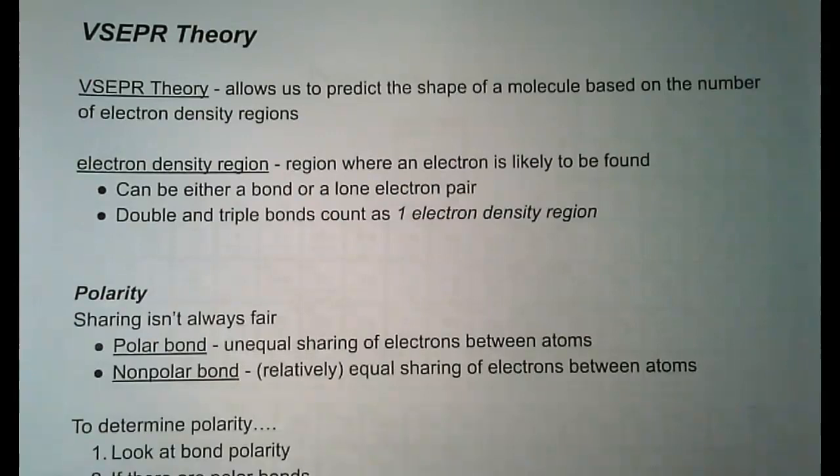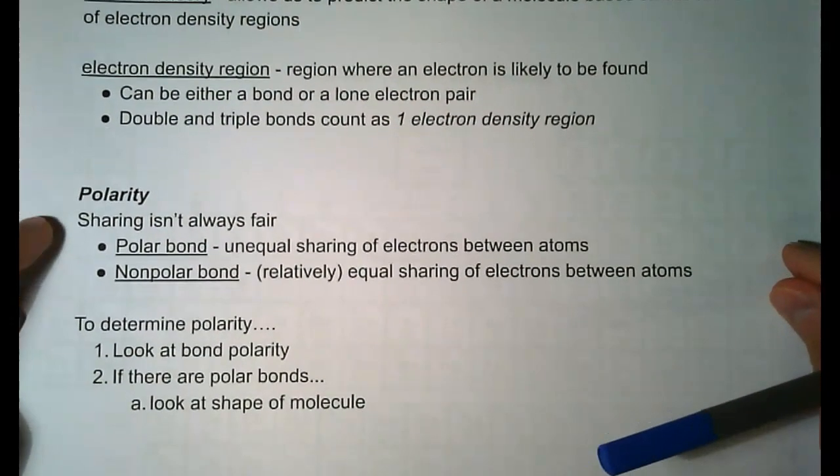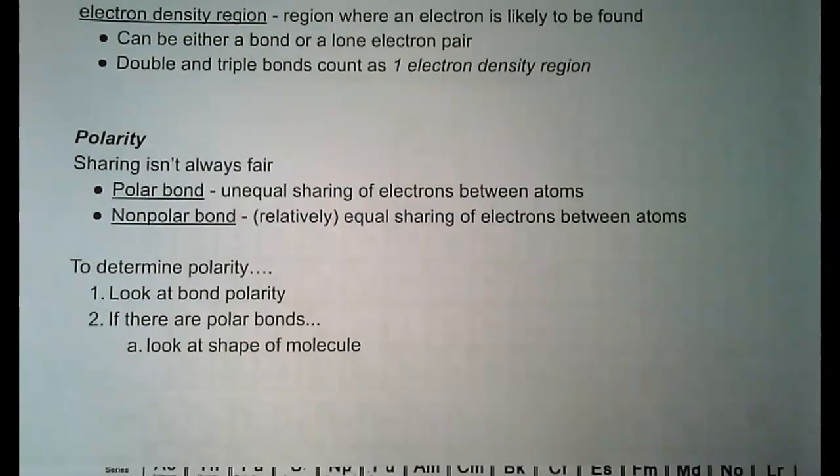So the point of looking at VSEPR theory is because of molecular polarity, because sharing of electrons in a covalent bond isn't always fair. In fact, it's usually not very fair. The only case where we get true fair sharing or equal sharing of electrons is when we have two of the same atom bonded together.